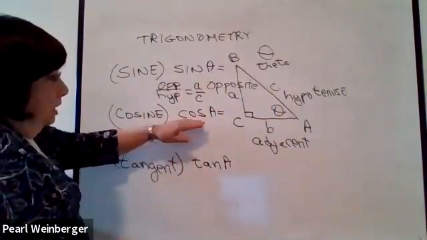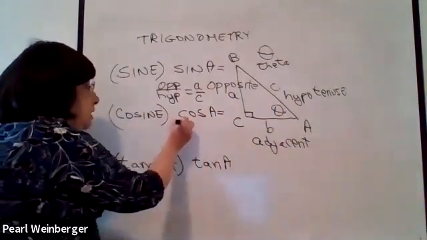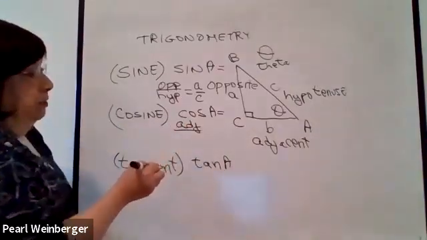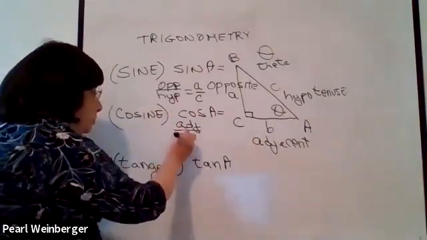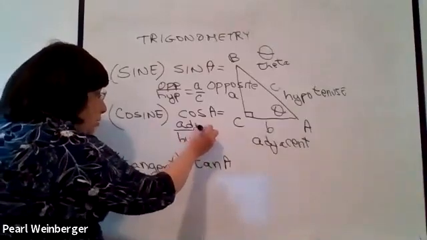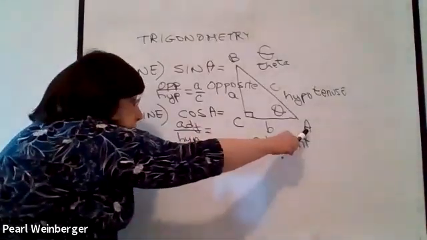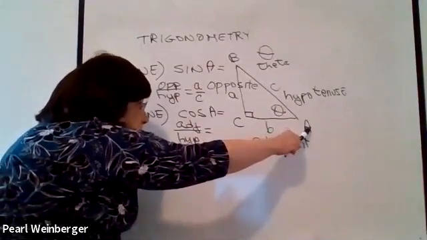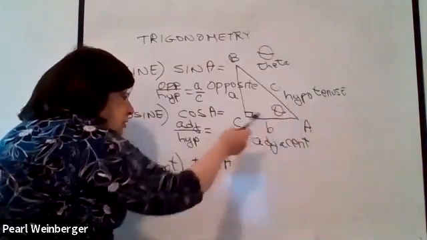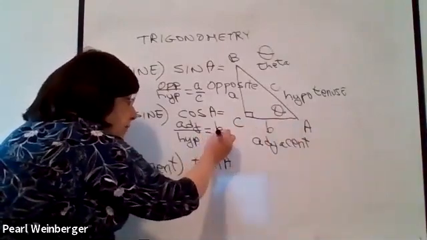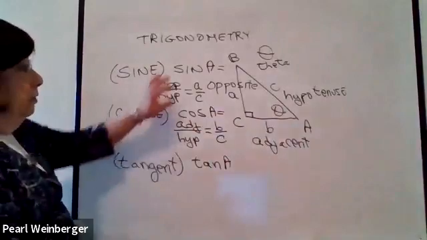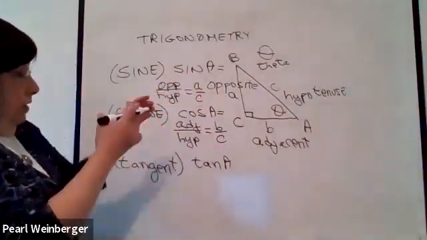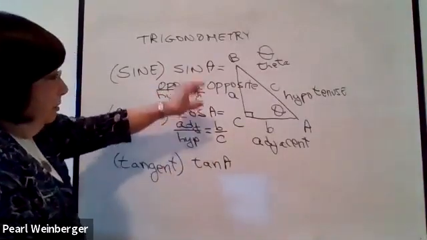The cosine is the adjacent leg over the hypotenuse. In terms of the way I set it up, the cosine of A would be the adjacent, which is B, over the hypotenuse, which is C. Remember, these are lowercase letters because these are sides. This is a capital letter.